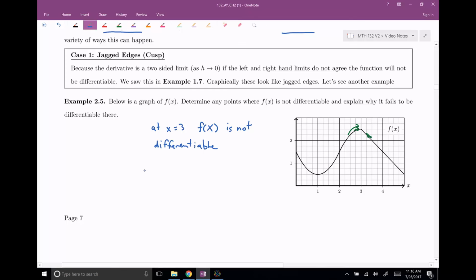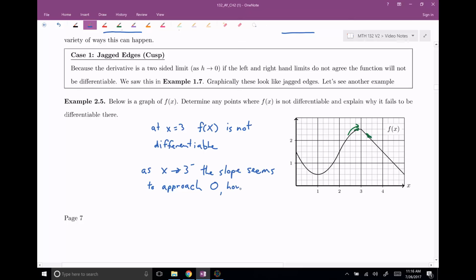So let's go ahead and say, as x approaches 3 from the left, the slope seems to approach 0.